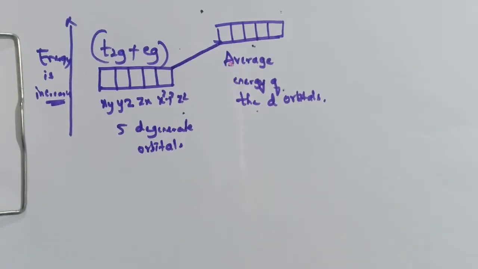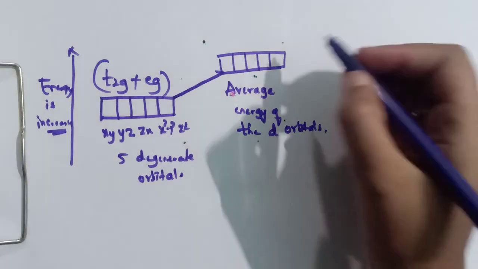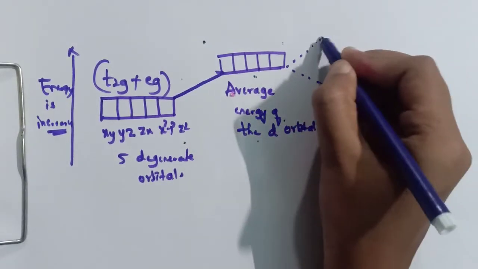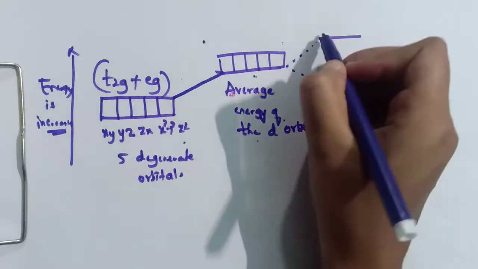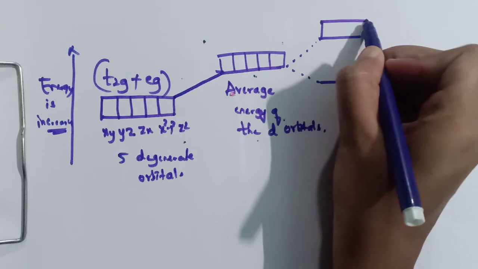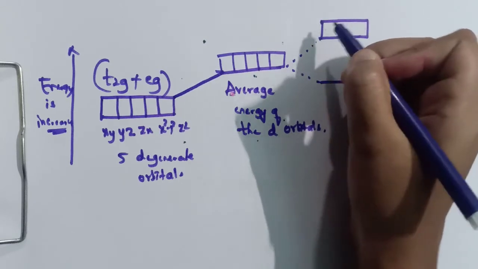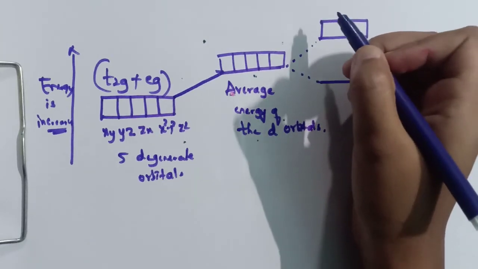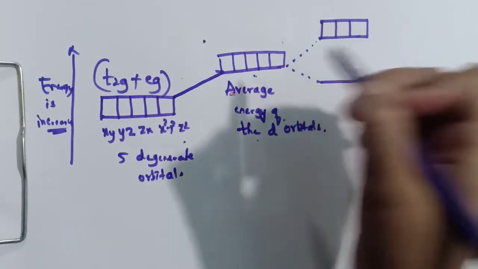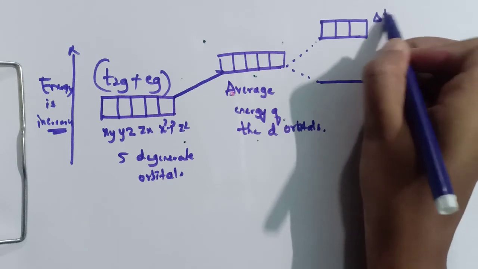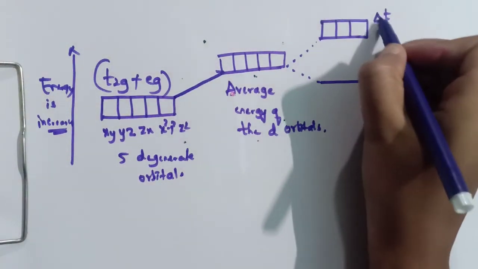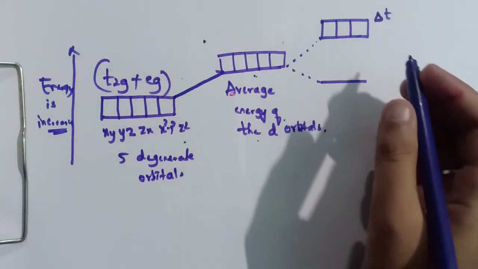Now here splitting occurs like this. When the splitting occurs, here what is having higher energy? That is T2G orbitals. In the tetrahedral complexes, we have to mention it as T2. It is delta T. Here T indicates tetrahedral and it indicates the crystal field splitting.